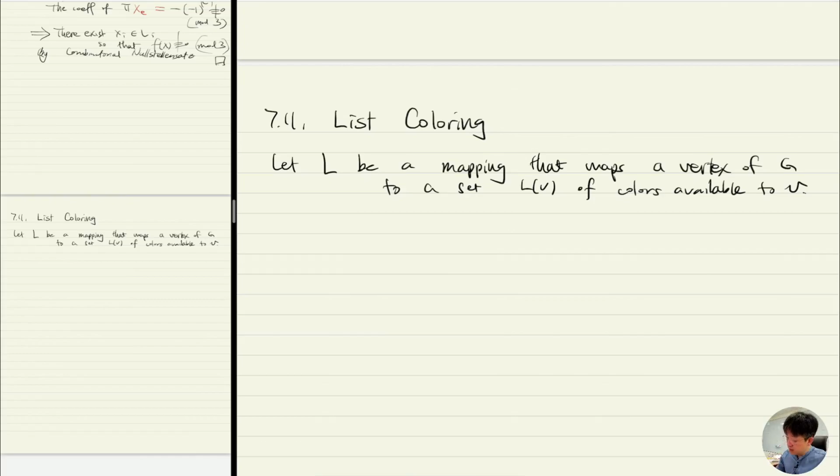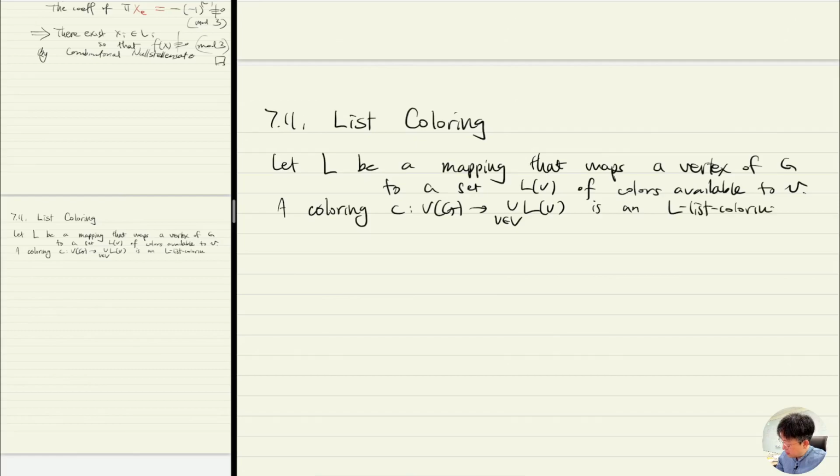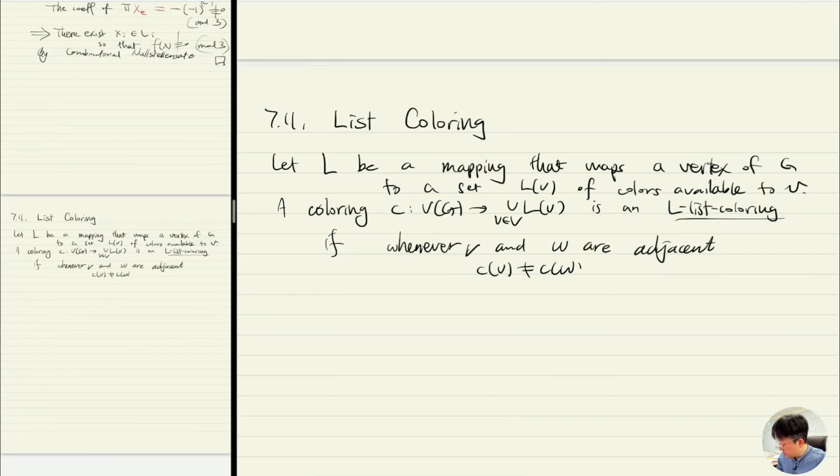And then we say a coloring c from V(G) to the union of L(v) is an L-list coloring if whenever v and w are adjacent, c(v) is not equal to c(w), right? So the adjacent vertices get distinct colors.